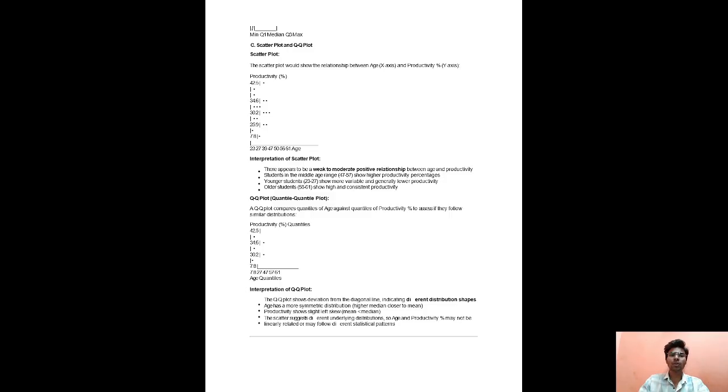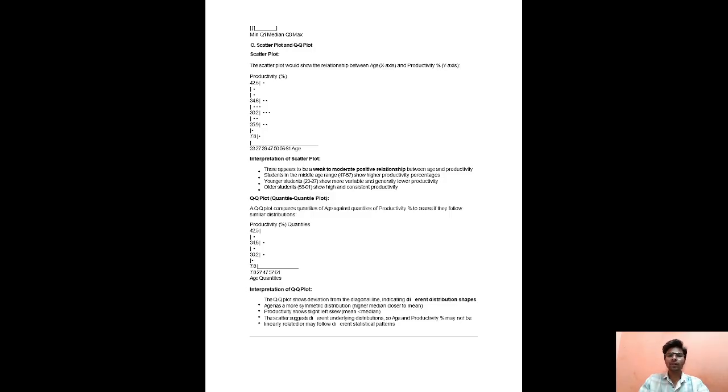Scatter plot and QQ plot. The scatter plot shows the relation between age on the x-axis and productivity on the y-axis. You can see it better in this graph. Interpretation of the scatter plot: this appears to be a weak to moderate positive relationship between age and productivity.